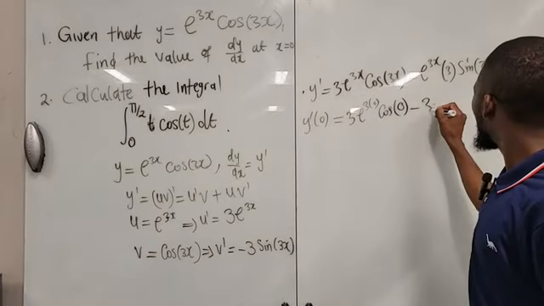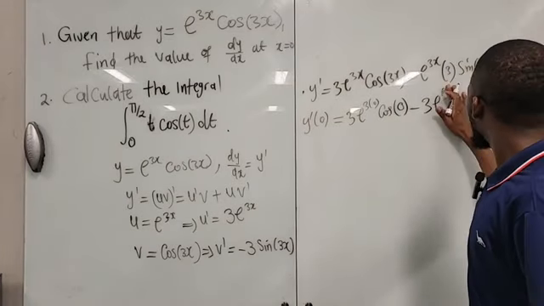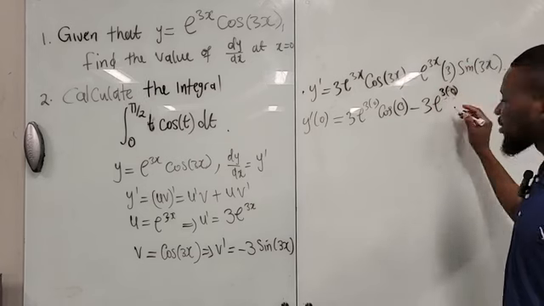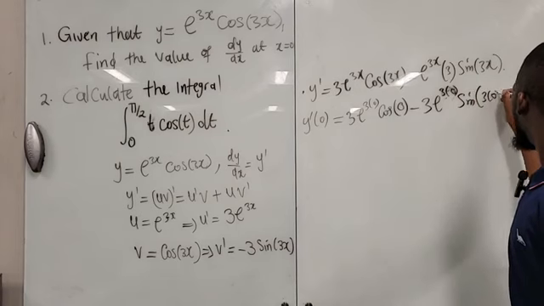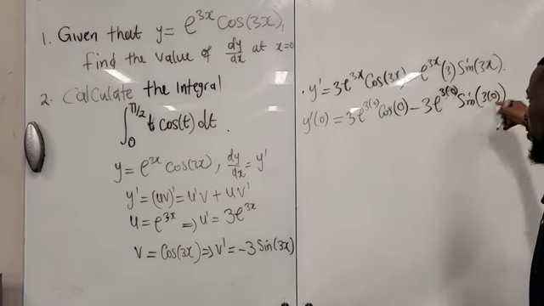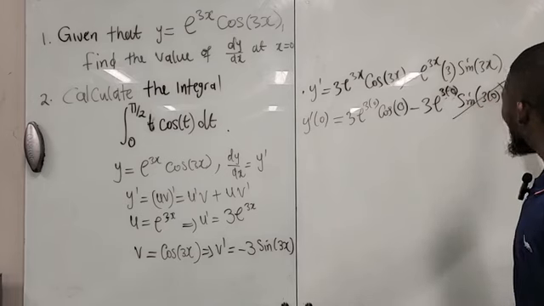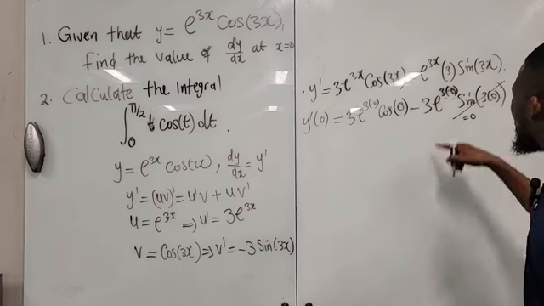Then minus, I have 3 outside, e to the power 0, then sine of 3 multiplied by 0, which is also 0. But we know that sine 0 is equal to 0. So at this end we have 0.